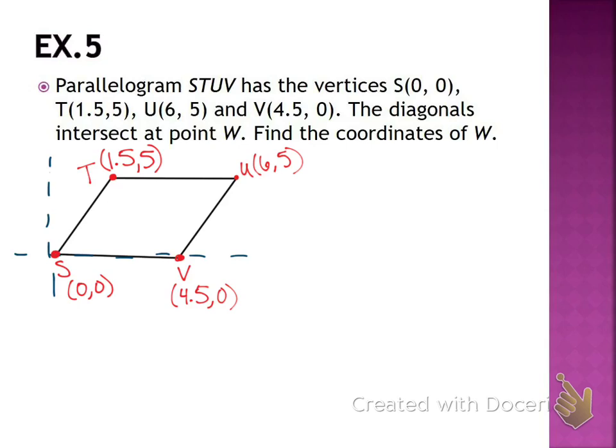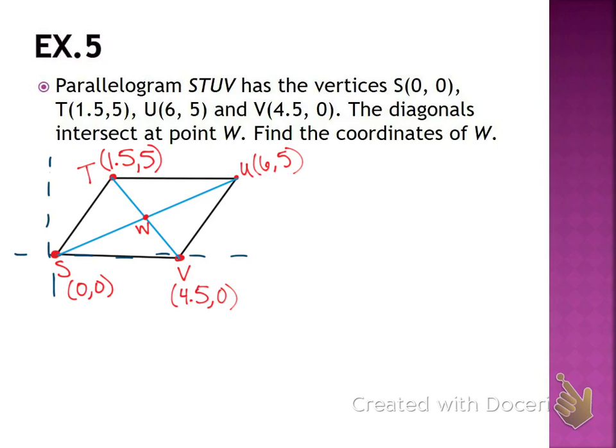We're told that the diagonals intersect at point W. So it might help if I draw in those diagonals. We got this point here, W. So if the diagonals bisect each other, then we could call W the what of either diagonal?